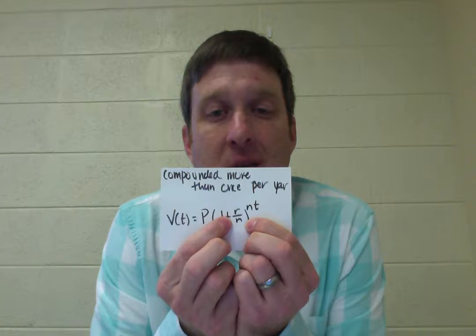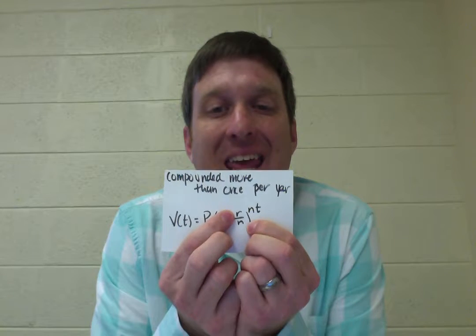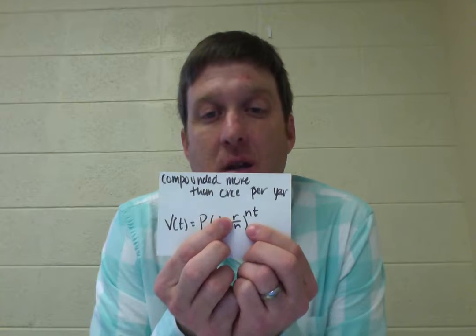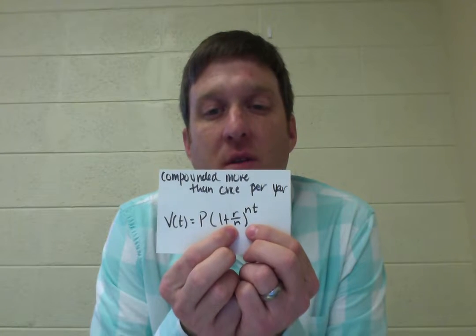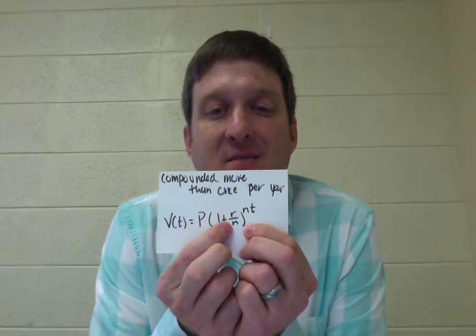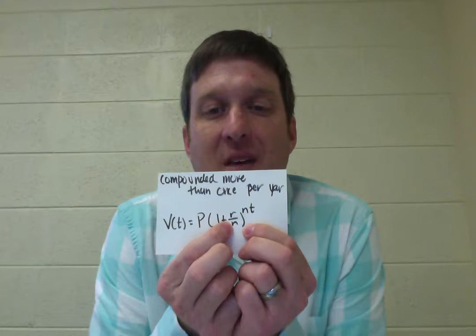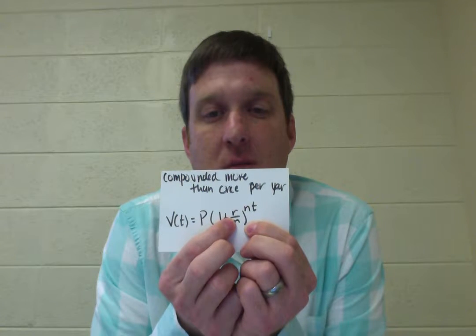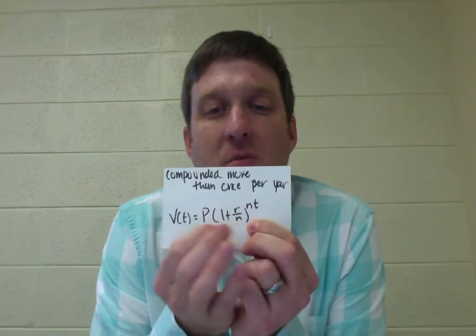R over n is because your R is an annual interest rate. So at the end of 3 months, you've only generated 1/4 of the annual interest. So you say rate divided by 4, because every 3 months you've only generated 1/4 of the interest. So it's essentially the same formula.